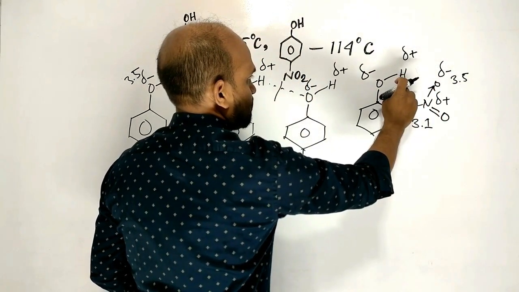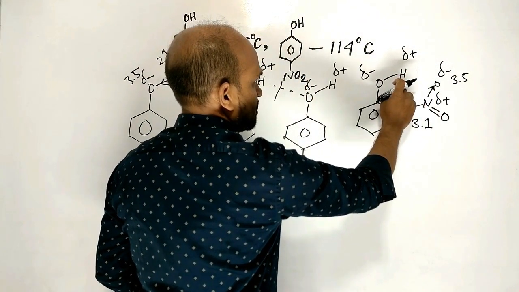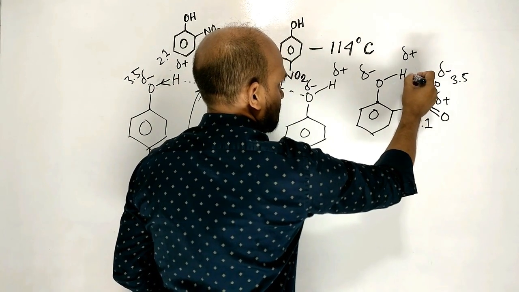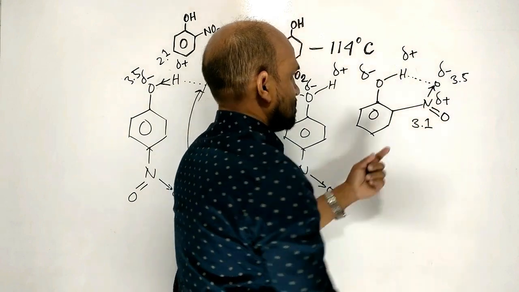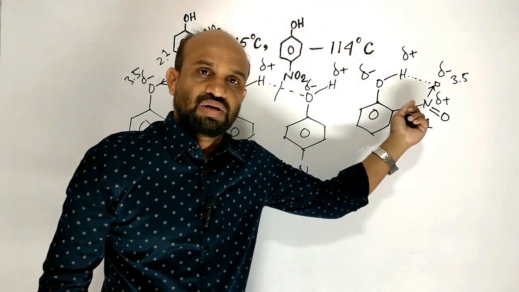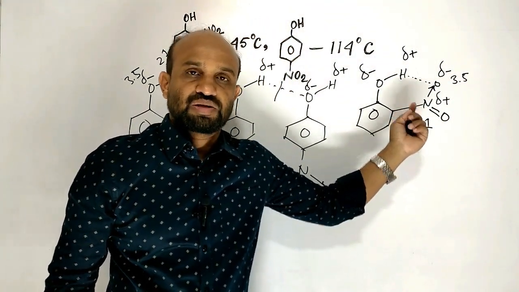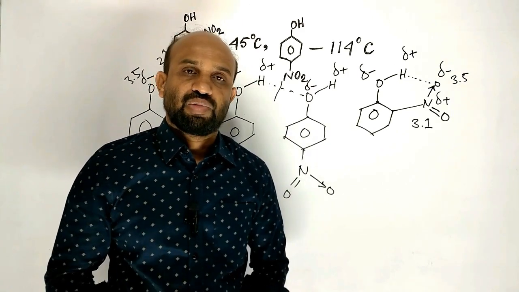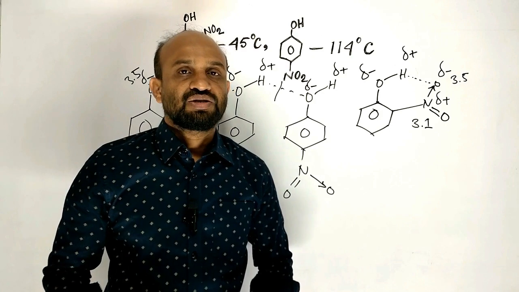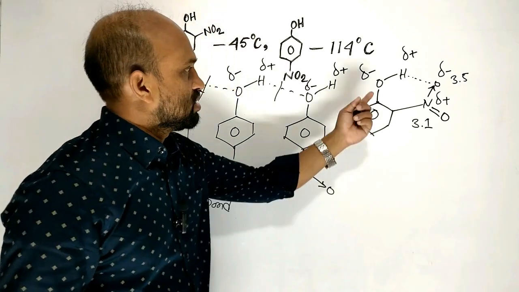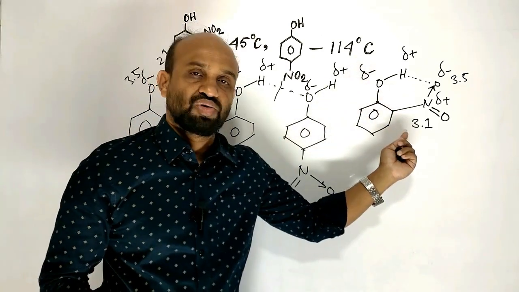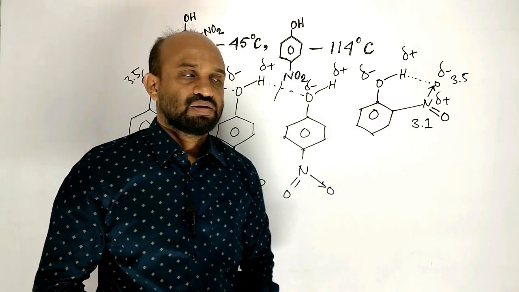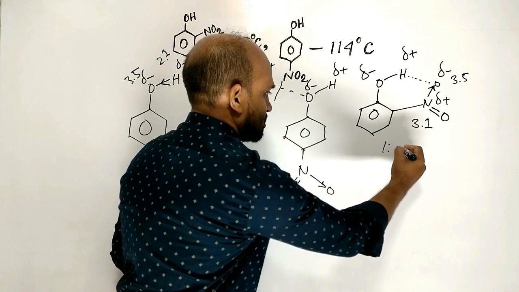Here, between the partially positively charged hydrogen and the partially negatively charged oxygen, an attraction force is created, a kind of hydrogen bond. But this hydrogen bond is within a molecule, not among the molecules. In the case of orthonitrophenol, the hydroxyl group and the nitro group are at the closest distance, that is 1,2 positions.